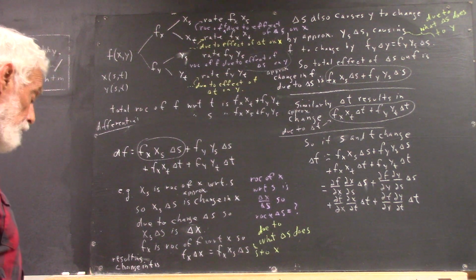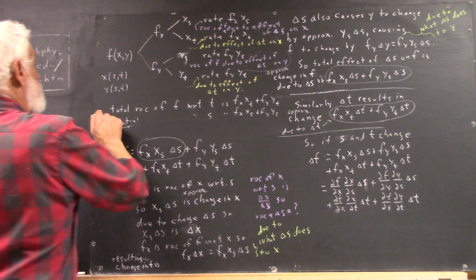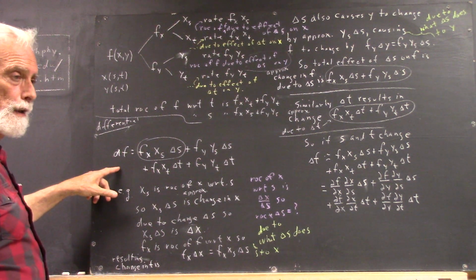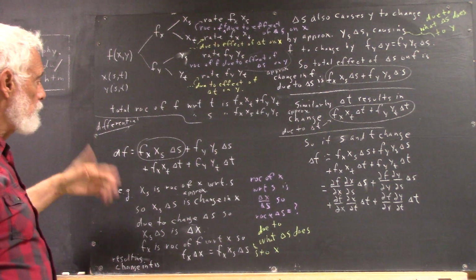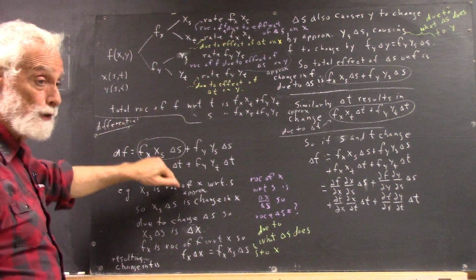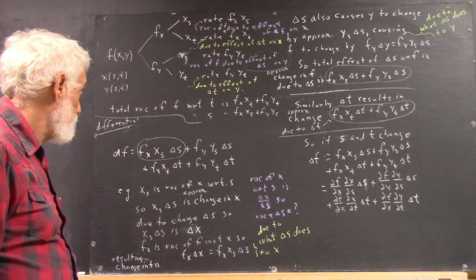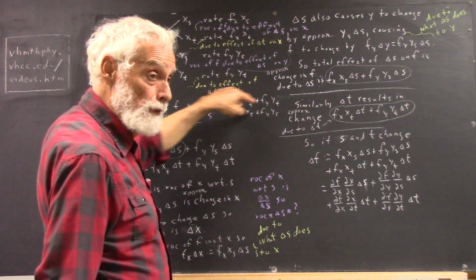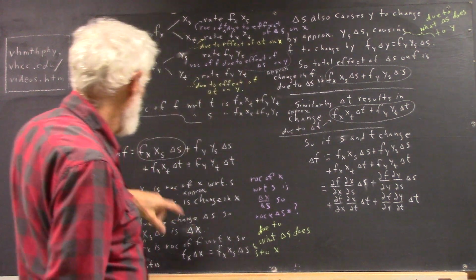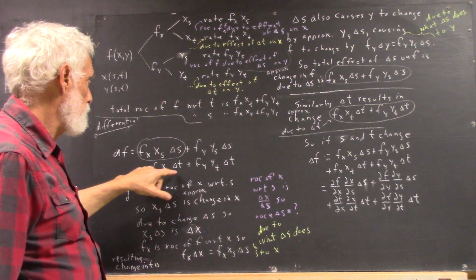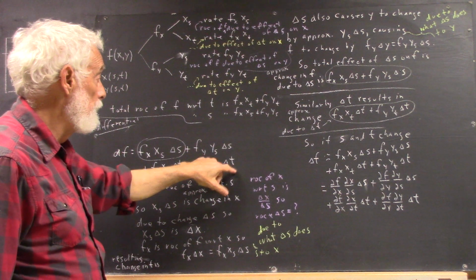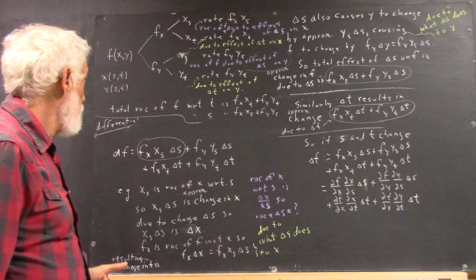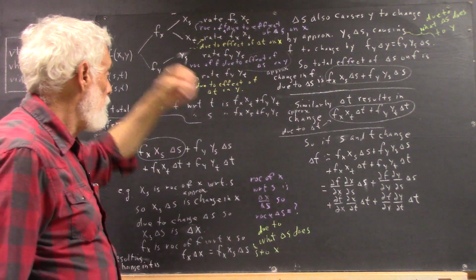Then we can write down the differential, which just says basically the change in f due to a change in s and a change in t is going to be the sum of, well, the effect of the change in t, which would be fx xt delta t plus fy yt delta t, just this expression, plus this expression, which is the rate of change with respect to s.